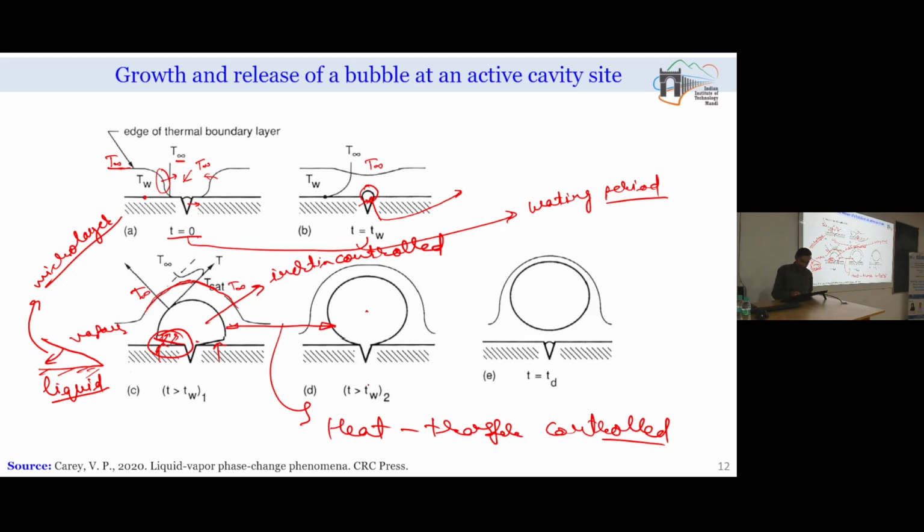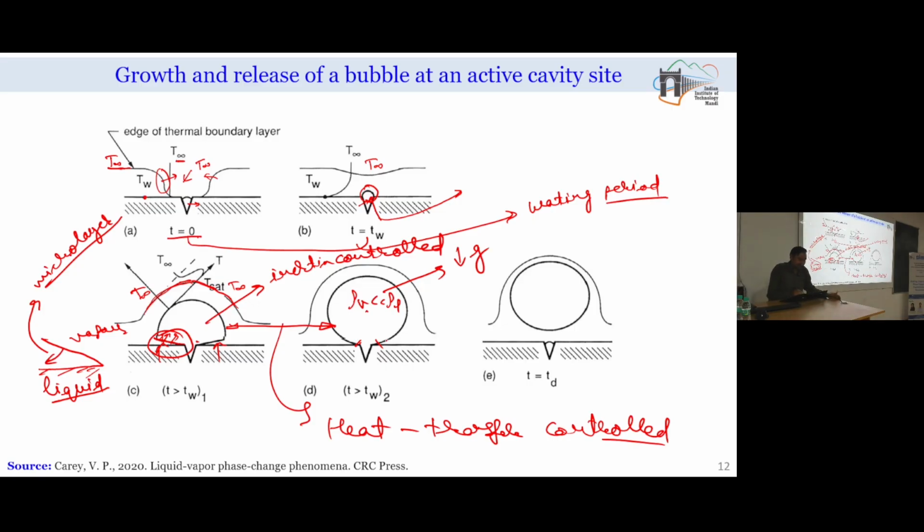And at this stage, the vapor volume is sufficiently high. Because gravity is acting in this direction, vapor has a lighter density in comparison to the density of the liquid. If you have a very small bubble, it may remain attached to the surface, but as you keep growing the size, surface tension is trying to keep it attached to the surface, but the buoyancy force acts in the upward direction and tries to lift it.